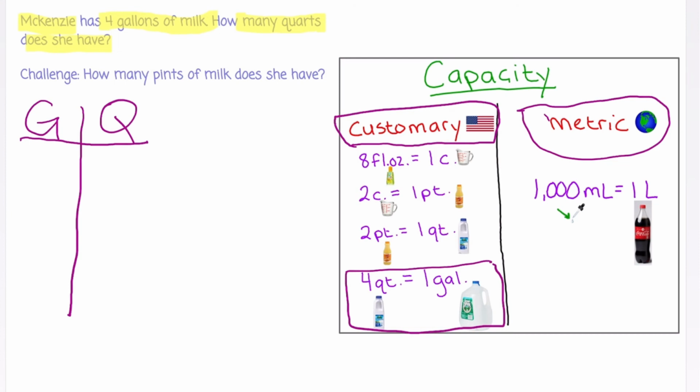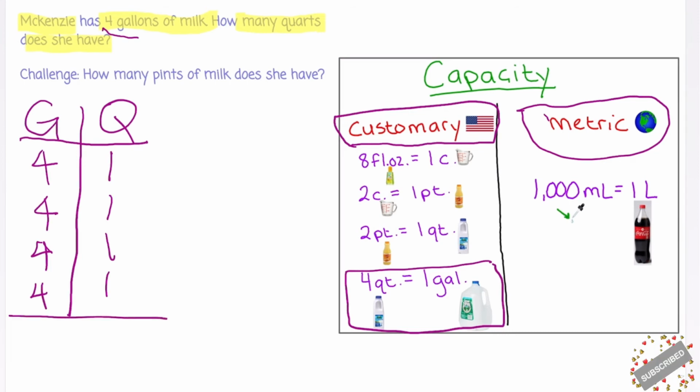Now, let's do this. She has 4 gallons of milk, but we want to figure out how many quarts is in a gallon. So I know every time I see 1 gallon of milk, I have 4 quarts. 1, 4, 1, 4. Now she has 4 gallons.